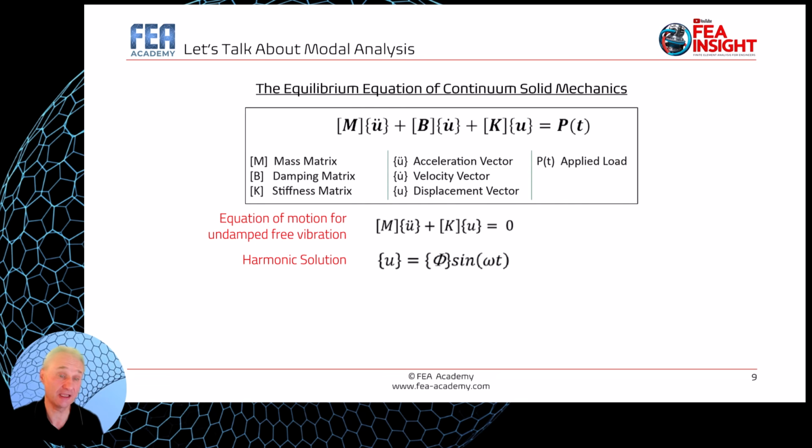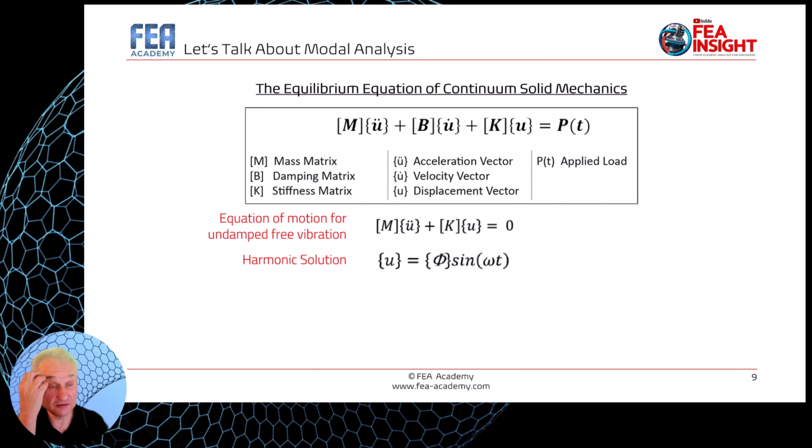Now we have to make an assumption on the solution. We assume a harmonic solution, and when we assume a harmonic solution, it is the equation here that we obtain.